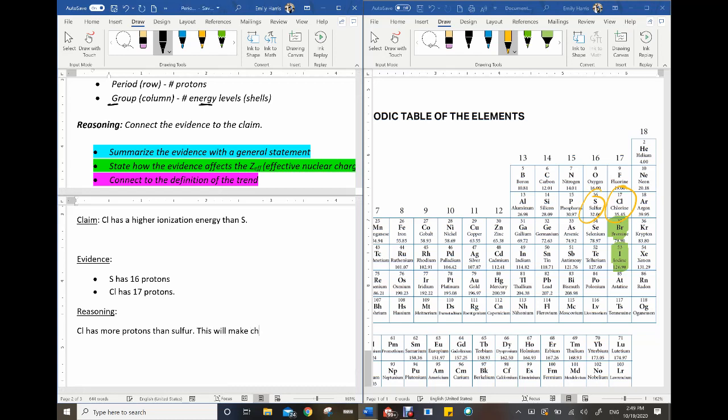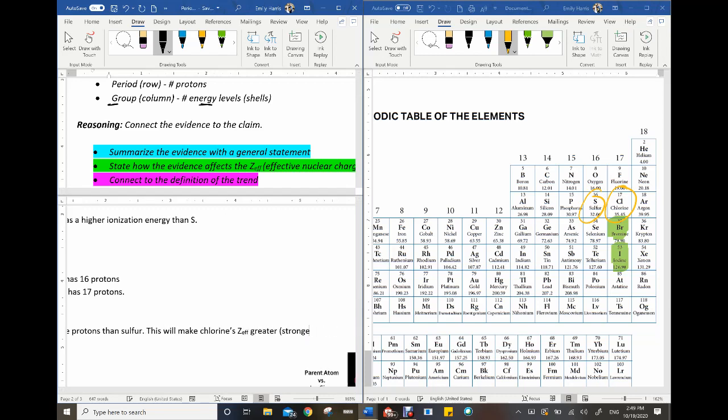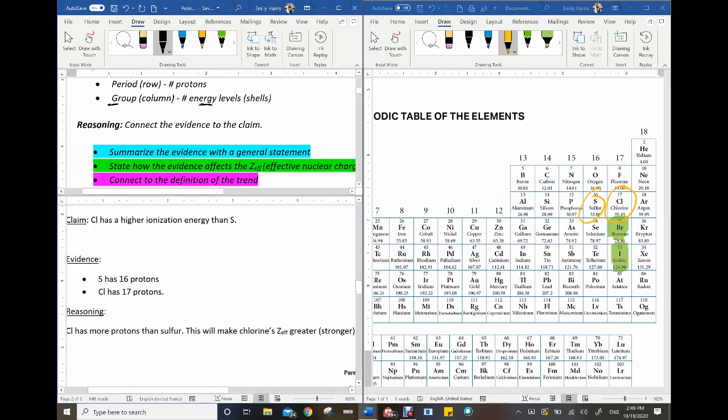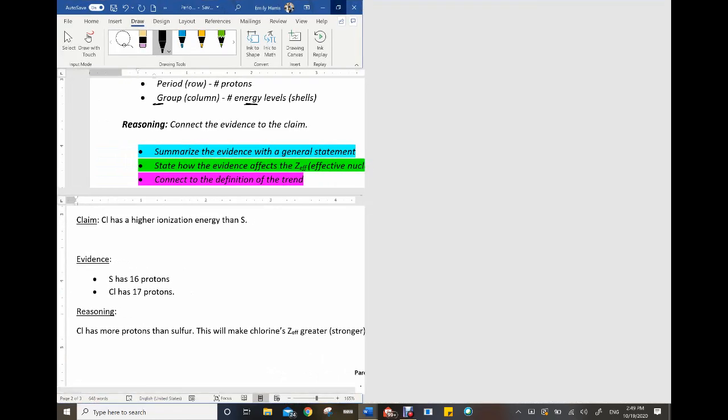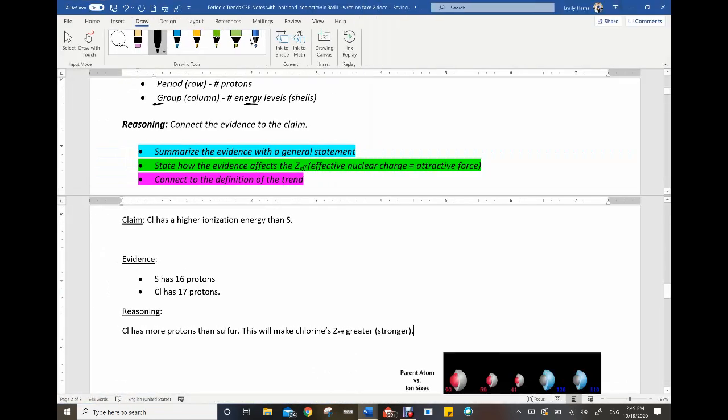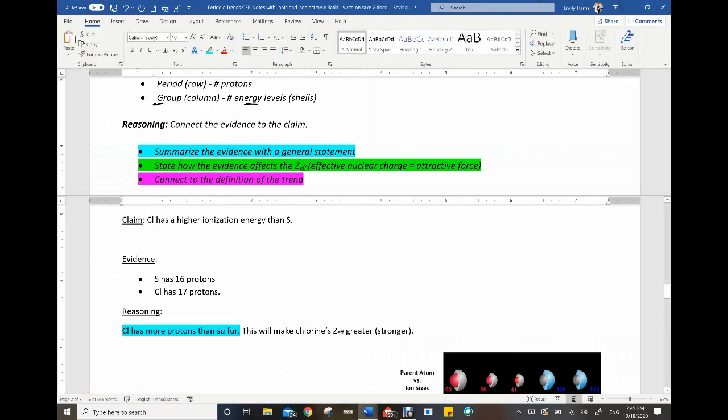This will make chlorine's effective nuclear charge greater, or you can say the word stronger, either way. Now, last but not least, we need to tie this back in to the definition of the trend that's at hand. In this case, we're going to be talking about ionization energy. So let's get our highlighting to color code.